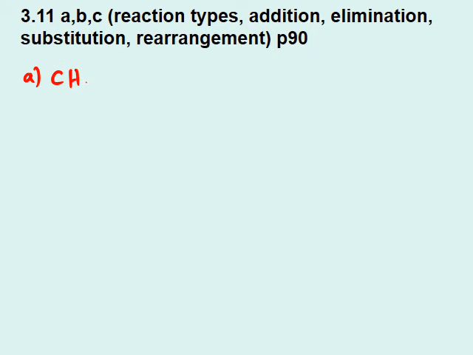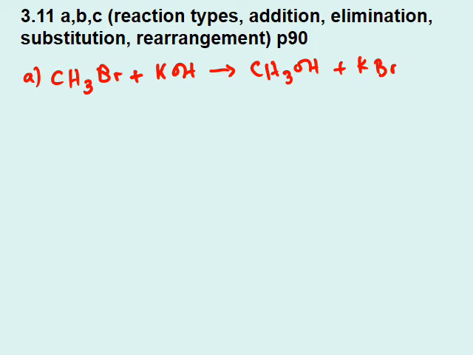CH3Br plus KOH. The product is CH3OH plus KBr. We're supposed to identify the reaction type in this case.